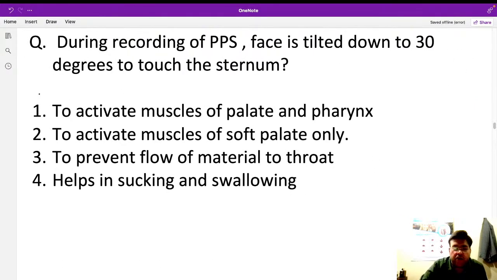What would be the answer to this? Very, very common question during recording of the PPS. What happens? Very, very commonly asked question.